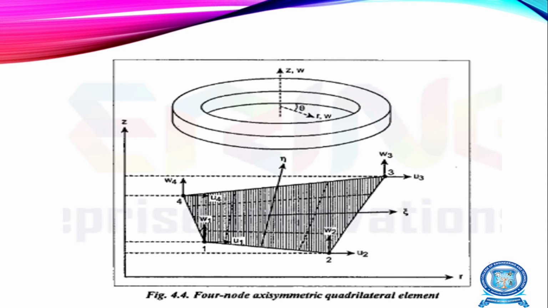In this quadrilateral element, there are 4 nodes, 1, 2, 3 and 4, and it has 8 displacements, u1 w1, u2 w2, u3 w3 and u4 w4. The coordinates are r1 z1, r2 z2, r3 z3 and r4 z4, about the axis of revolution in r comma z coordinates.